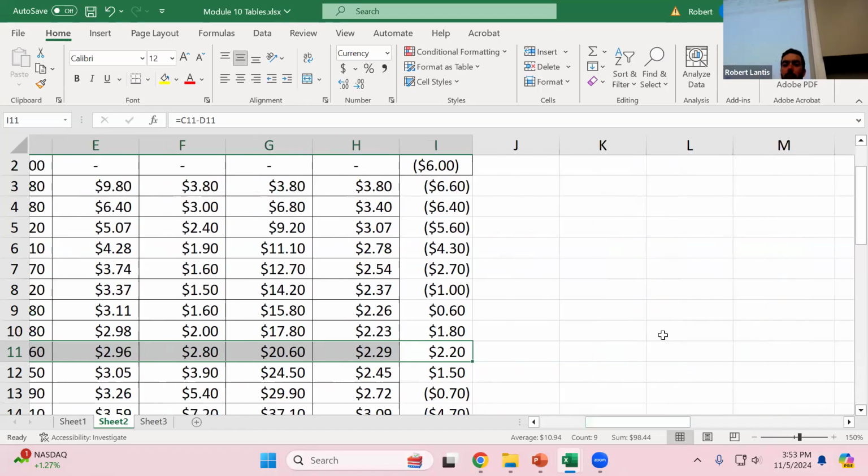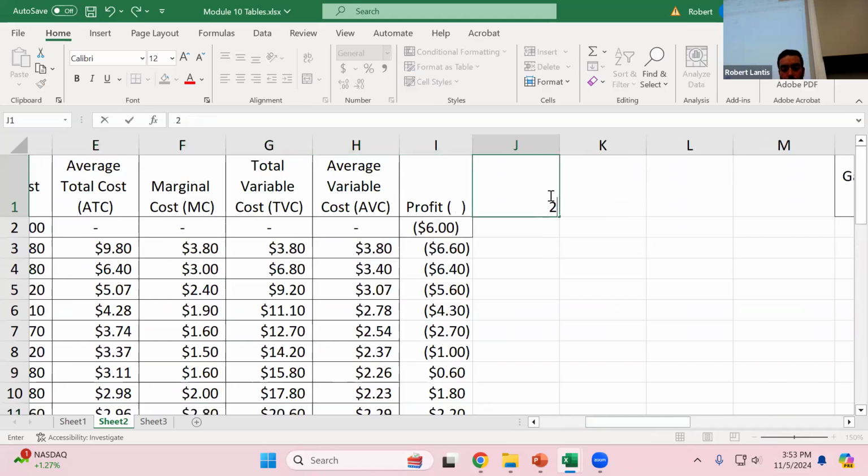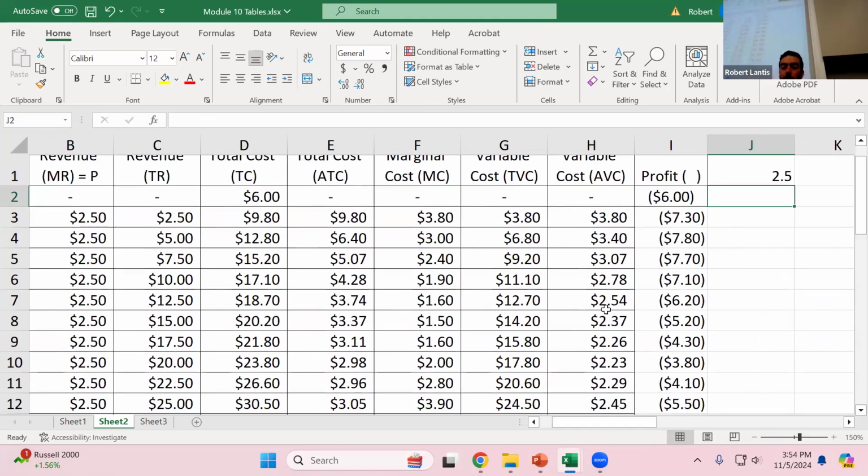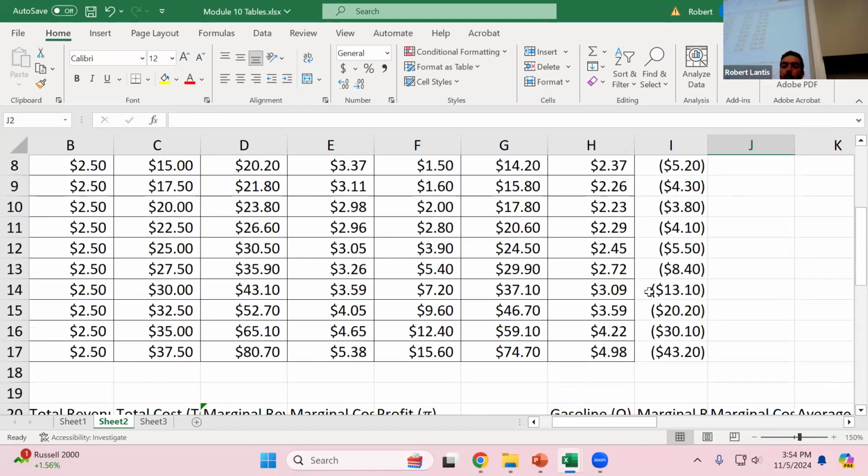Well, what if I instead had a price of $2.50? Well, that's going to be below that minimum point in my average total cost curve. So now at the optimal quantity, or where profits are maximized, I know my profits are going to be negative. If I hit enter here, it gets tricky because in Excel, if you don't know, these parentheses mean a negative value.